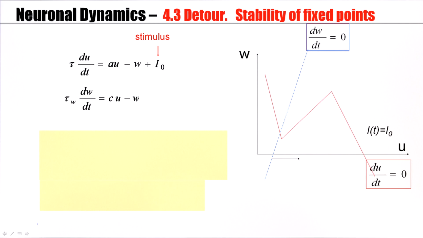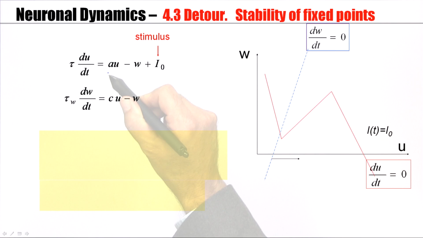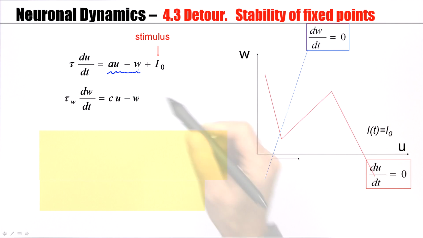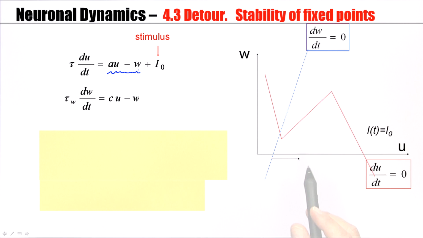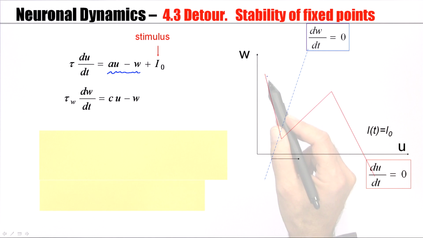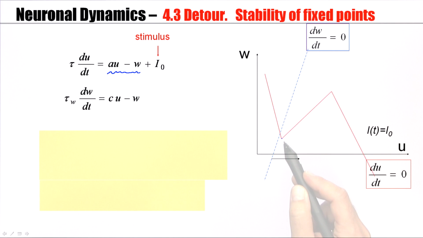Before we go into the analysis of arbitrary nonlinear differential equations, let's look at the analysis of a linear differential equation. In our null line picture, this would correspond to a u-null line that is linear.